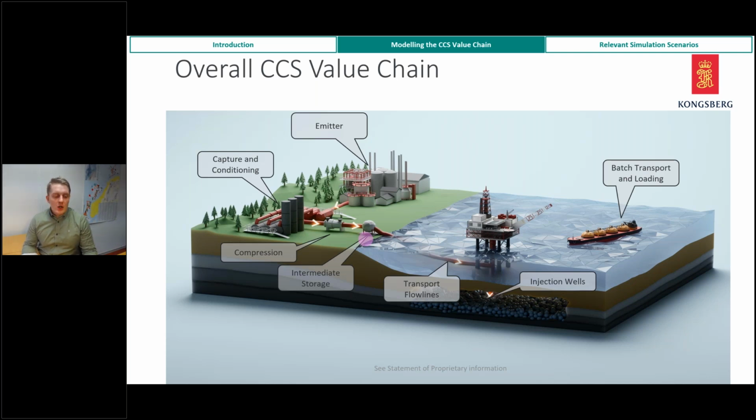Some of you are going to be working with a CCS hub, typical of Northern Lights, well known for that, where you get batch shipments of CO2 shipped in by ship. In other scenarios, you're going to have networks of emitters coupled together, producing CO2 directly into a flow line, and that's a completely different beast. So the simulation system needs to be able to support all of these categories.